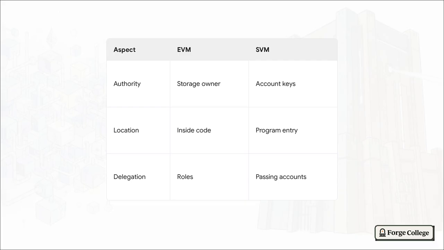But in the SVM, you have to verify this right at the program entry by validating the account metadata that comes with the transaction. And for delegation, EVM uses internal role variables, while SVM requires you to physically pass accounts or program-derived addresses. The absolutely crucial takeaway here is that EVM permissions travel with the code, but SVM permissions require you, the developer, to explicitly verify that transaction metadata every single time.